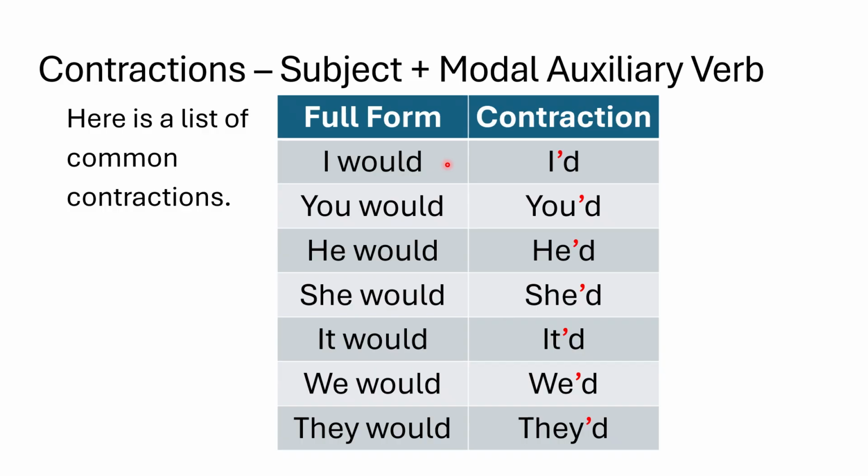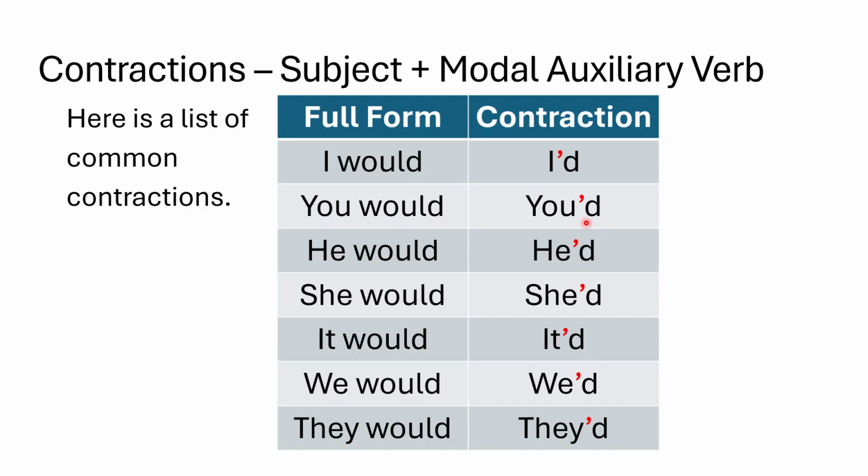I would. I'd. Notice the apostrophe replaces the missing letters W, O, U, and L. You would. You'd.